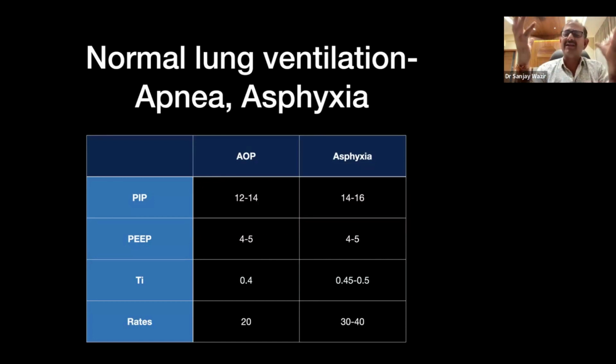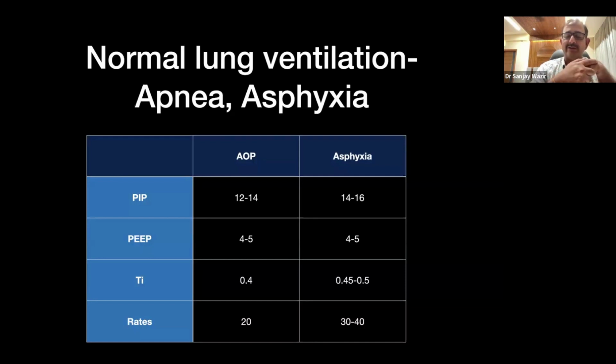And you use the baseline minimum rate, because if you give a rate of 60, the work of breathing increases. So you keep it somewhere around 20, and we're quite okay with that kind of setting. If the baby has forgotten to breathe, this is good enough to maintain ventilation. In asphyxia, it is more or less the same kind of setting.